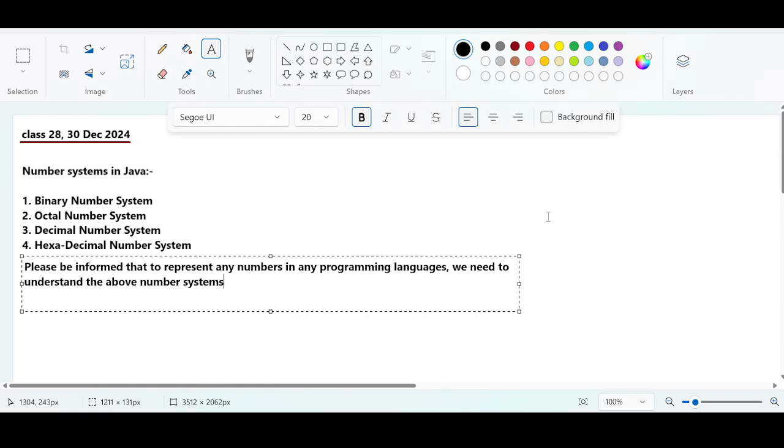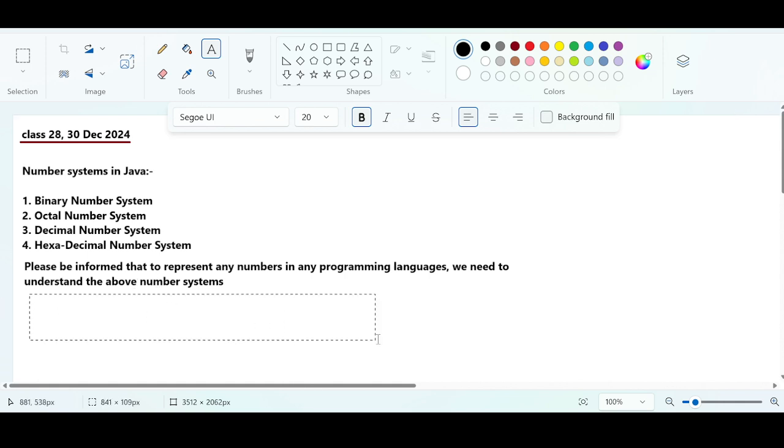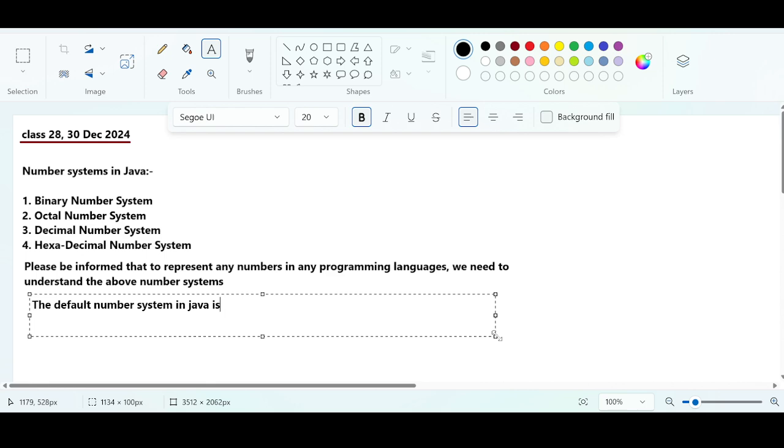Also, if you get a question like, what is the default number system in Java? The answer is very simple. The default number system in Java is the decimal number system.